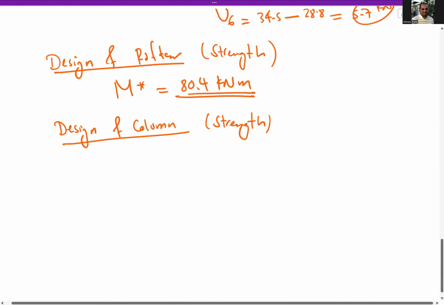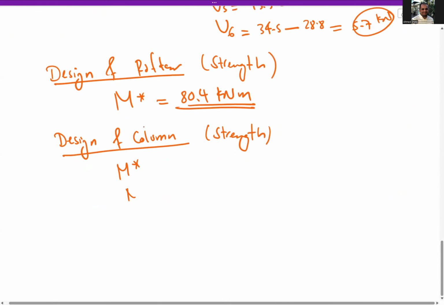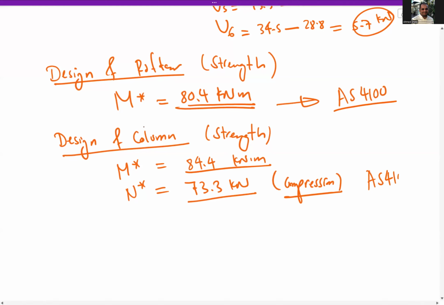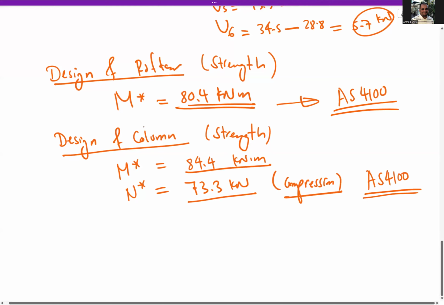So for the column, we have M star and N star. N star equals 73.3 kilonewton compression, and M star is 84.4 kilonewton meter. So you can use the AS 4100 procedure to find the cross-section design of the rafter and the column.